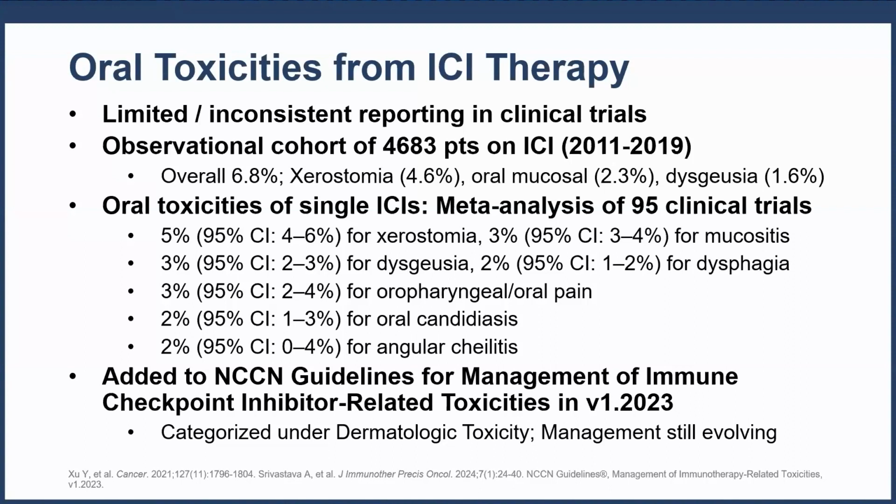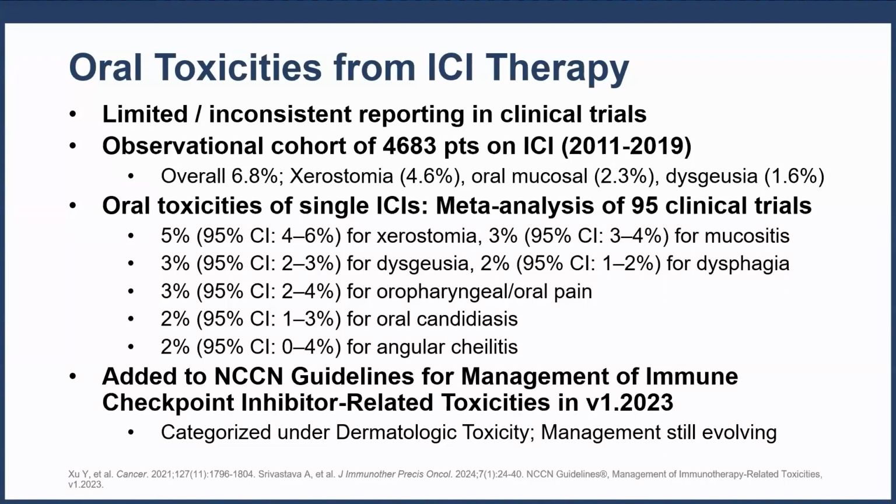But what they found was that a rate of 5% for dry mouth with a 95% confidence interval of 4 to 6%, 3% for mucositis, 3% for dysgeusia, and 2% for dysphagia, and so on. And you'll note here also oral pain listed with 3%. There are some of these that we're not going to be dealing with today.